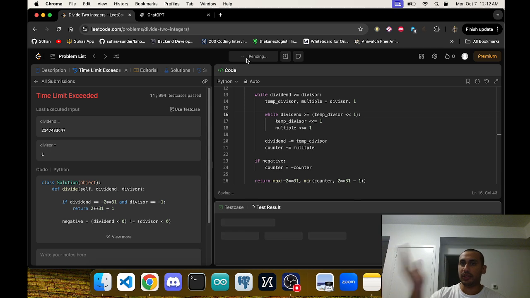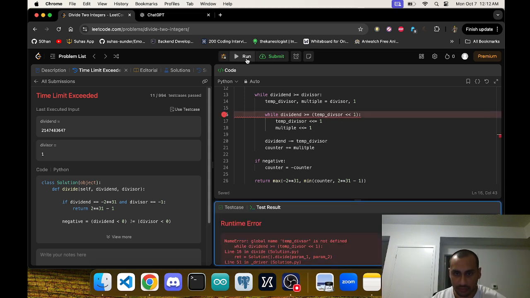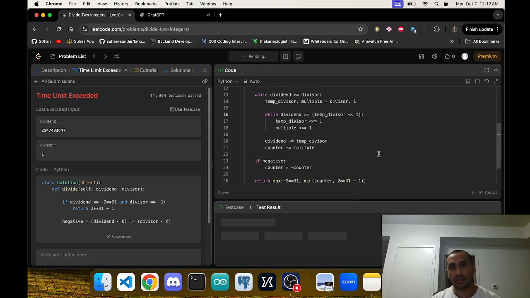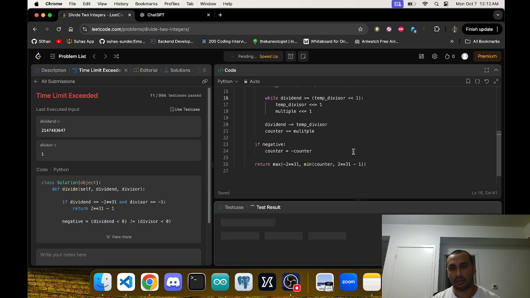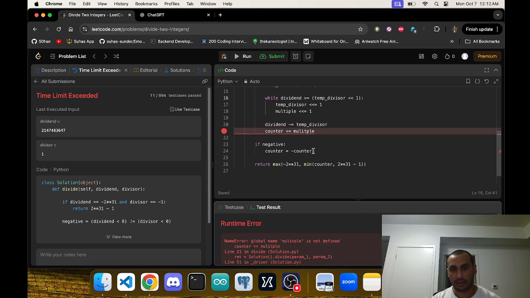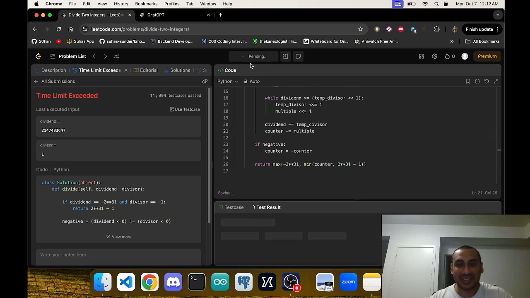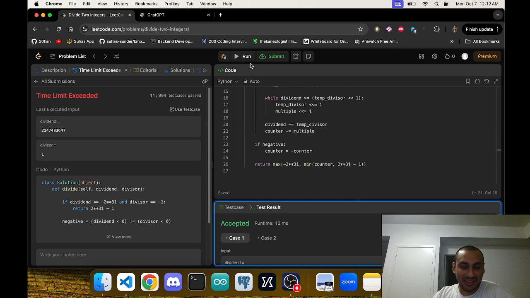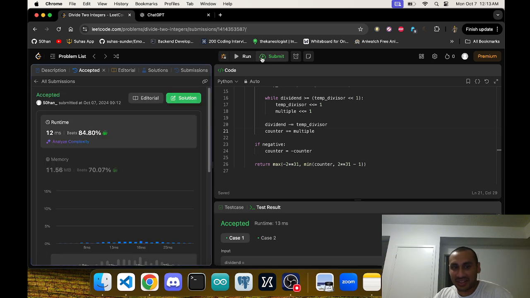That's what we're going to be doubling every single time. Temp divisor is not defined. Oh, temp divisor. Divisor. Counter plus equals multiple. It's always some syntactical issue that gets me, man. Every single time it's like spelling or something dumb. It's not the logic that's completely wrecked. It's always some sort of syntactical thing.